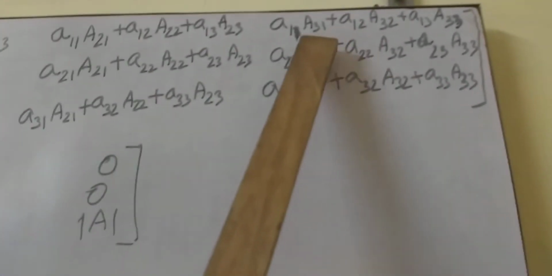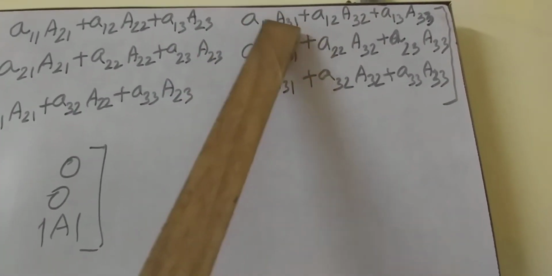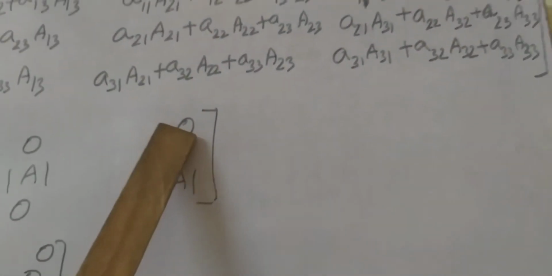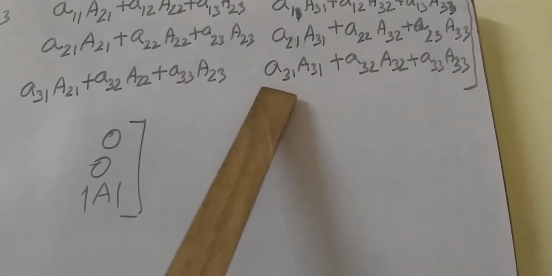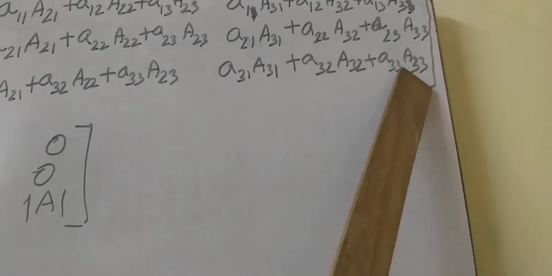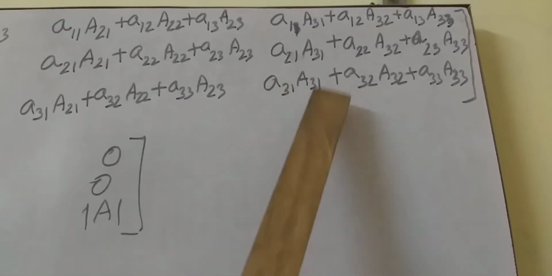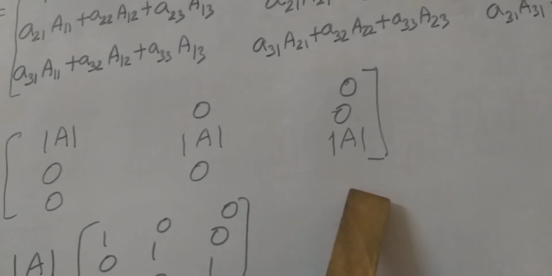Similarly this side also, the element is multiplied by another row's cofactors, so the answer is 0. Similarly here the answer is 0, but in this case you can see A31 multiplied by A31, A32, A32, A33, A33. So elements multiplied by their own cofactors give us the determinant.